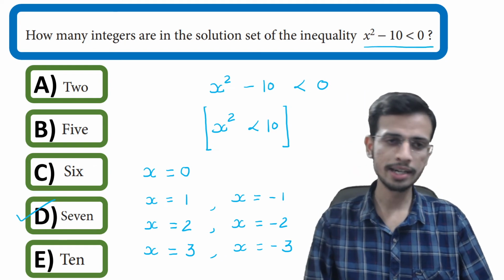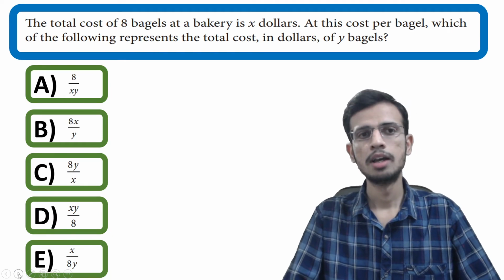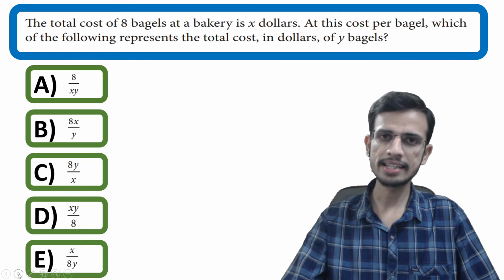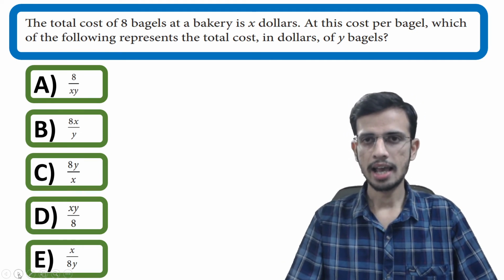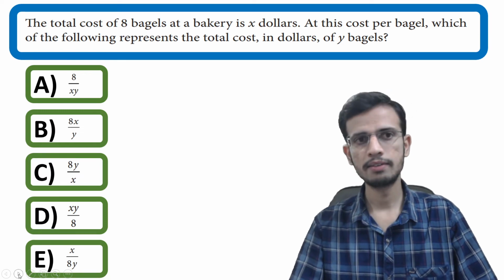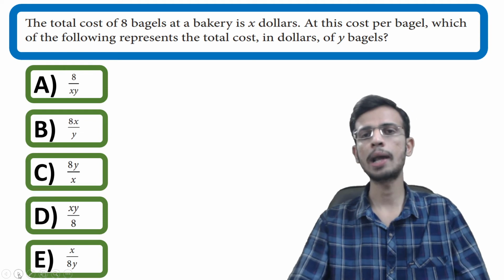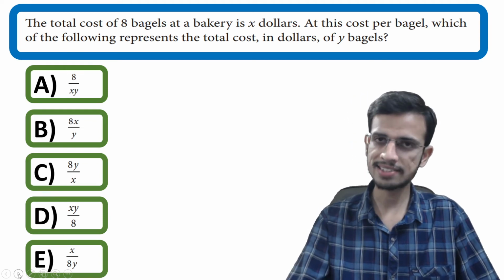Okay, so let's move on to the next question. Question number 4. The total cost of 8 bagels at a bakery is X dollars. At this cost per bagel, which of the following represents the total cost in dollars of Y bagels? Right? Cost of 8 bagels is X dollars.